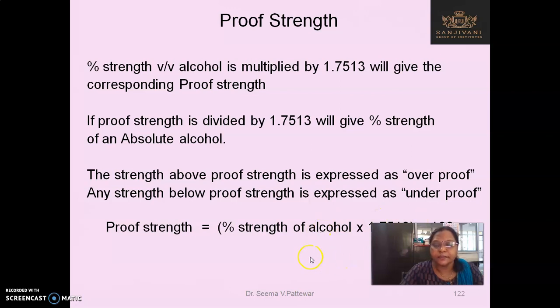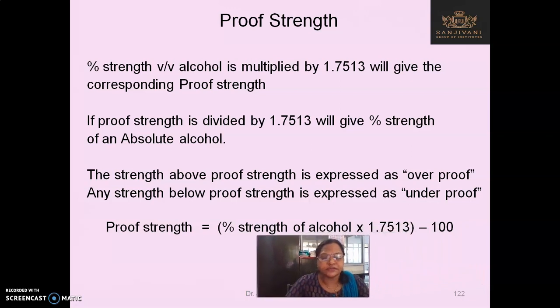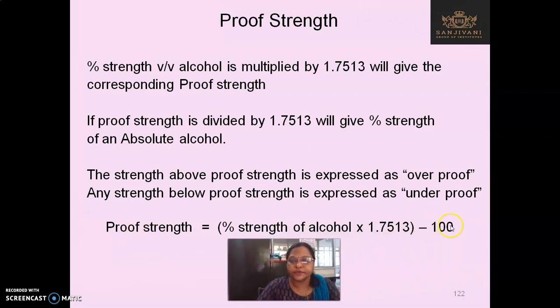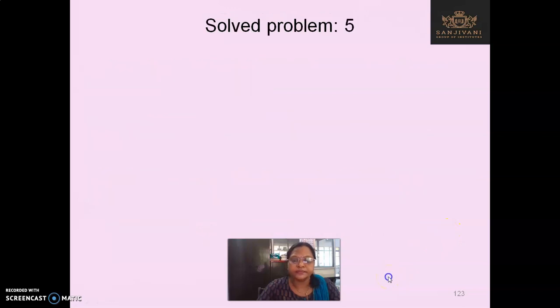This is the main formula. Again see this: proof strength is equal to percentage strength of alcohol multiplied by 1.7513 minus 100, and this is in brackets. You have to solve the bracket first and then subtract the 100.